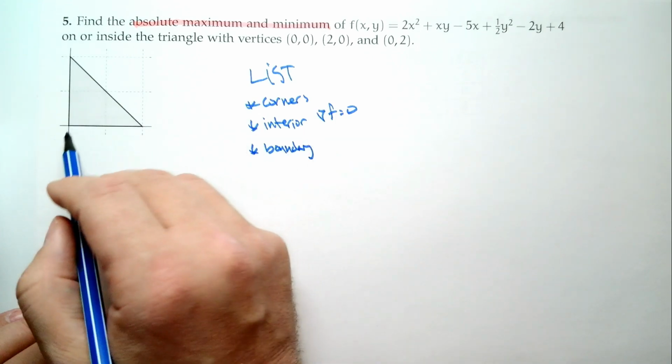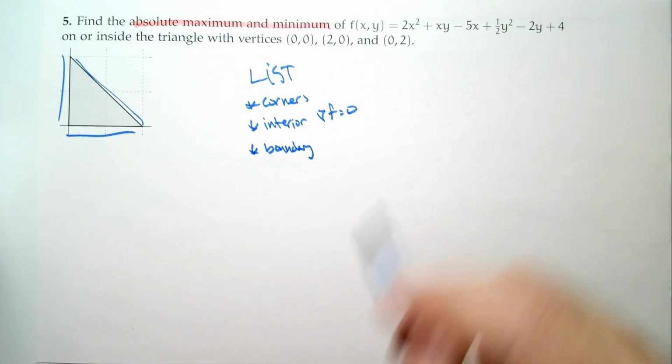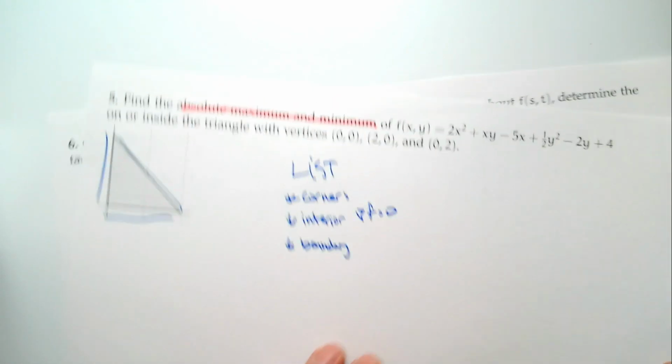So you check each side. So they're going to have three parts for this picture. And after you've made your list, you plug it in. And whichever is the largest, that's your max. Whatever is the smallest, that's your min. No second partials test. Just make a list, plug it in. Largest is the max, smallest is the min. And the last one is, we've already done problems like that. So that's it. Good luck.